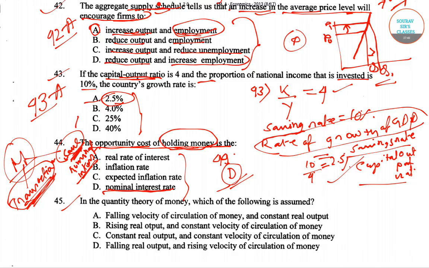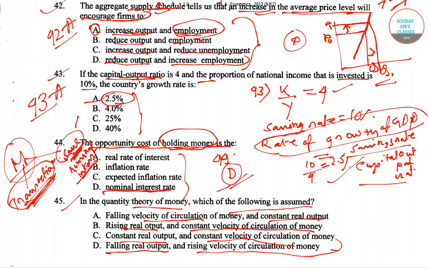In question number 45, it is given: in the quantity theory of money, which of the following is assumed? Falling velocity of circulation of money and constant real output; rising real output and constant velocity of circulation of money; constant real output and constant velocity of circulation of money; falling real output and rising velocity of circulation of money.